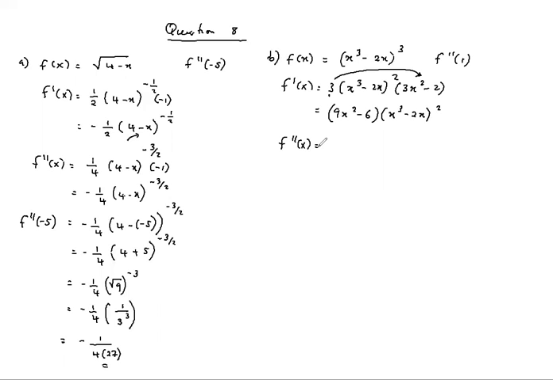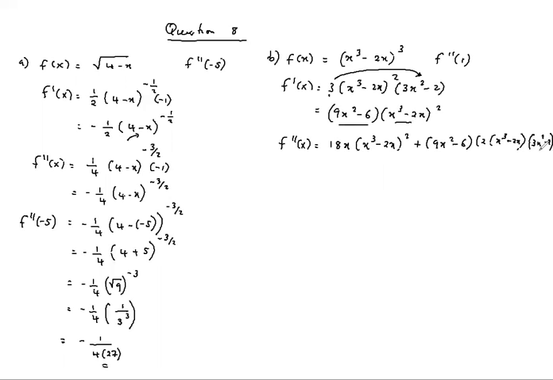The second derivative becomes the derivative of this one, which is 18x multiplied by the whole second function there, plus you fix the first function and differentiate the second function, where you first drop the 2, and then you have (x³ minus 2x) multiplied by the derivative of the inside. So it will be 3x² minus 2.